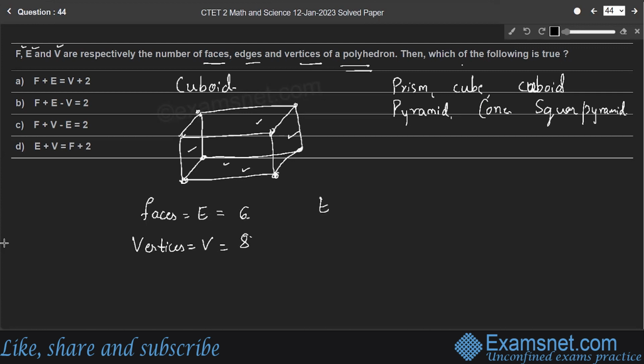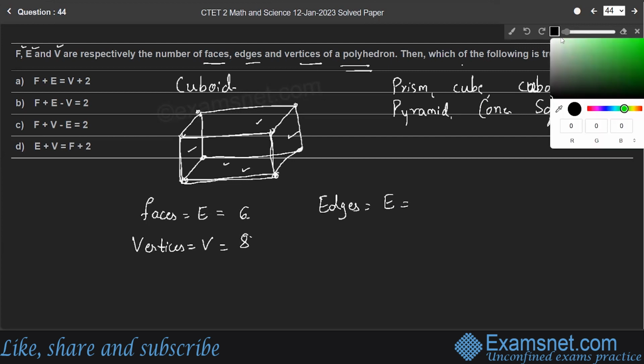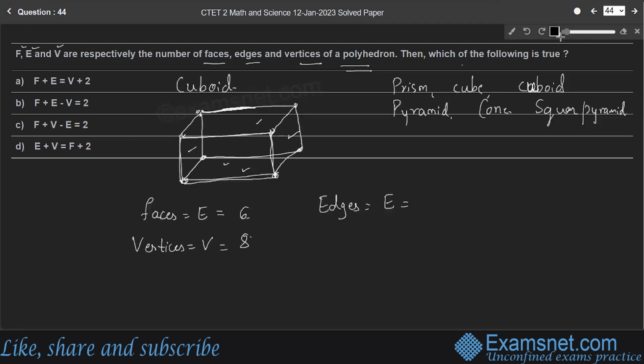And the number of edges in a cuboid. If you consider the front face, there are 4 edges, right? If you consider the back face, there are again 4 edges. 4 plus 4 becomes 8.